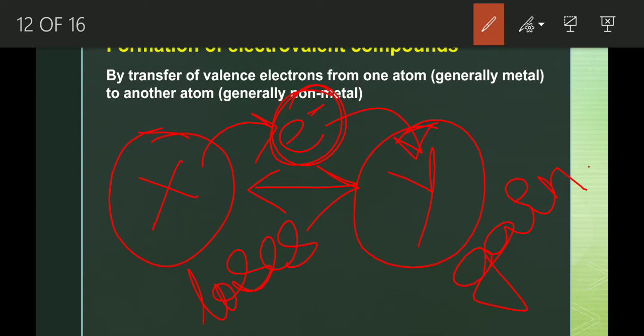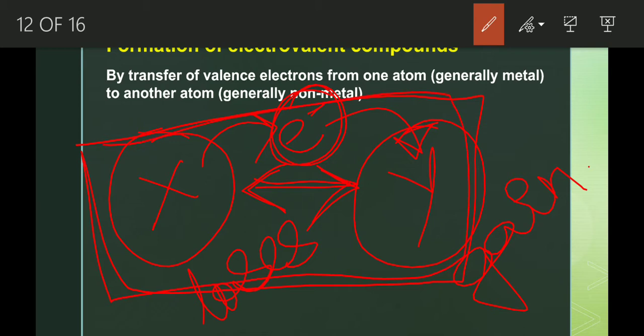In this condition, the bond that forms between these two atoms is known as an electrovalent or ionic bond. And the compound that both atoms form is known as an electrovalent or ionic compound.